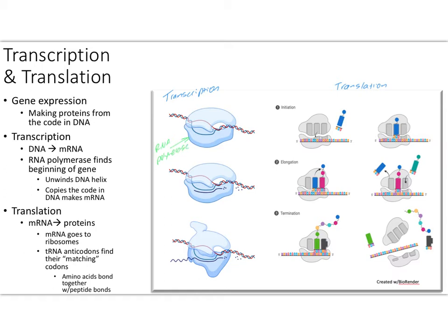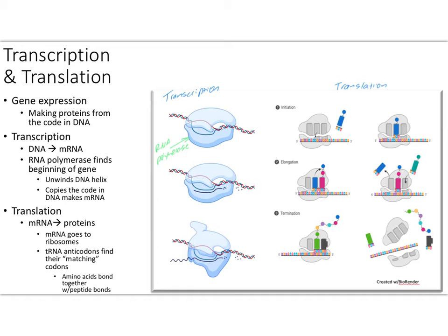So initiation of transcription begins when RNA polymerase finds the beginning of a gene in a DNA molecule. Basically this RNA polymerase, which is a big protein complex, runs along DNA until it locates the beginning of a gene, until it finds, oh hey, this is where this gene starts. This is where I'm going to start things.